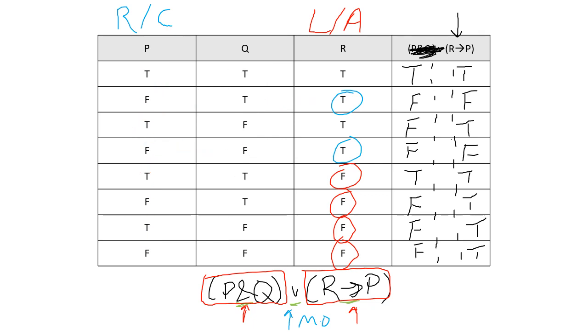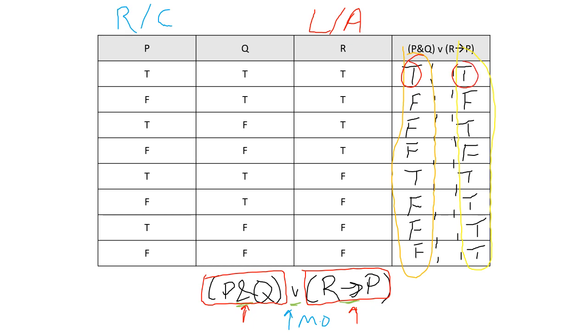Now we can erase all this stuff and then look at the wedge statement. For the wedge statement, we're going to use this value here as our left side, and this value here as our right side. And where's a wedge true? Well, it's true wherever you have at least one side true. True, true, true, true, true, true, true.